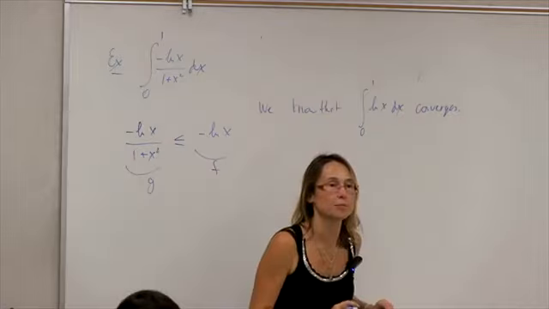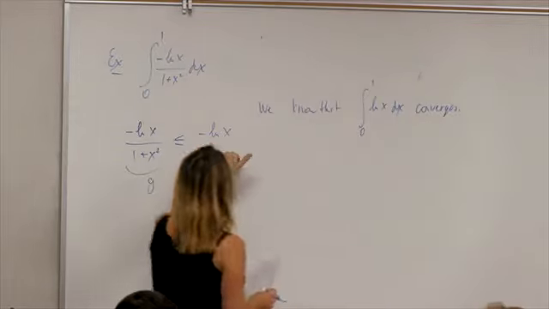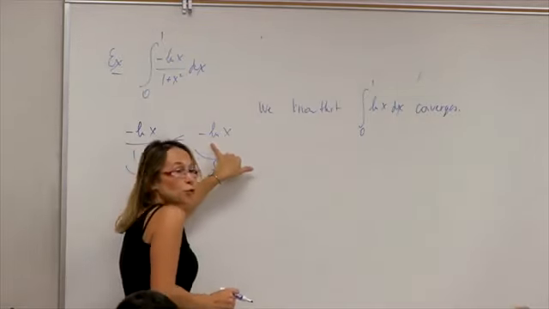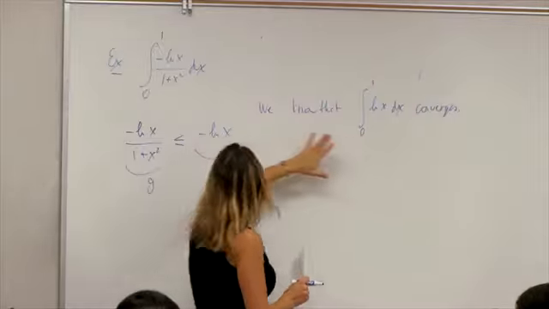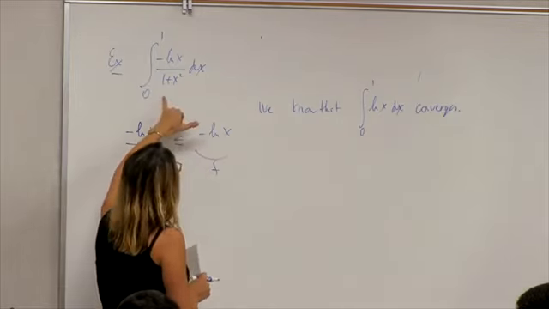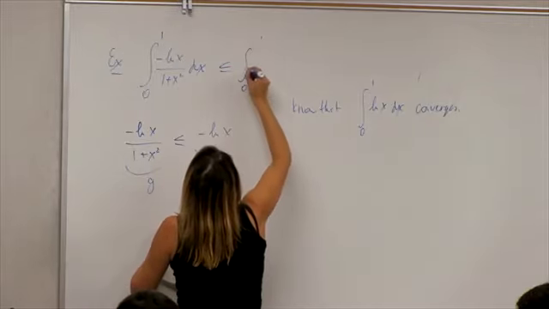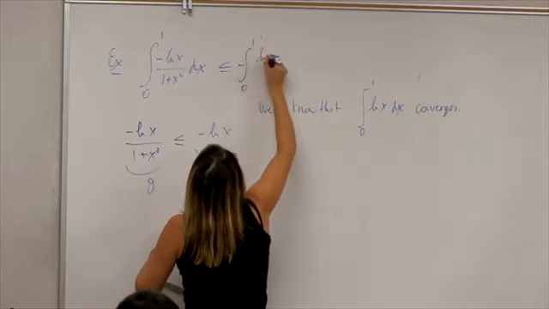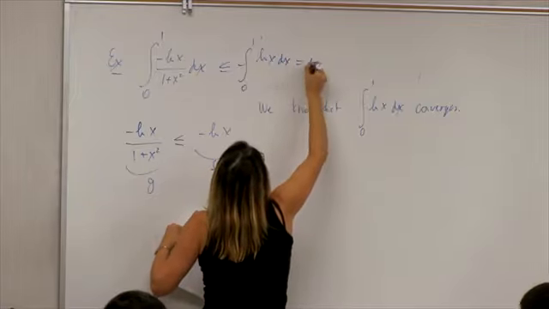That was our last example. This is equal to minus 1. This function is minus that. And of course, it also converges. It's equal to plus 1. Okay. So if this converges, then this will also converge. So we can say that this is less or equal to the integral from 0 to 1 of minus log x dx. This is equal to 1.